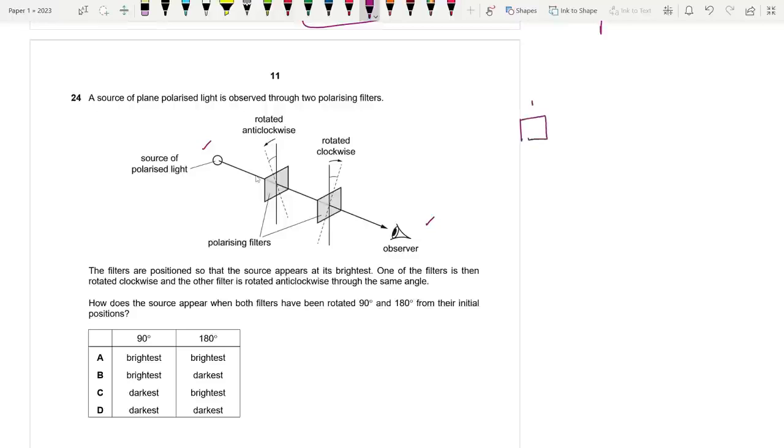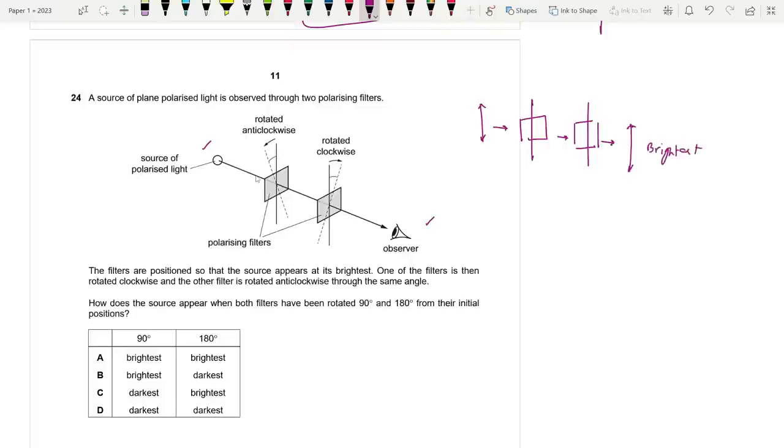Suppose we had vertically polarized light, the transmission axis for the first one was also vertical, and the transmission axis for the second one was also vertical. So none of it was being lost. We would be seeing vertically polarized light exiting and it would be the brightest.